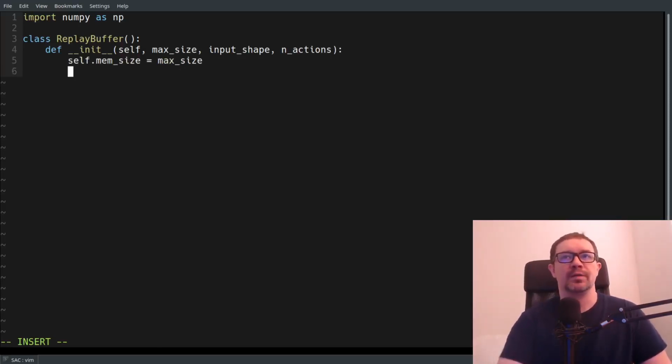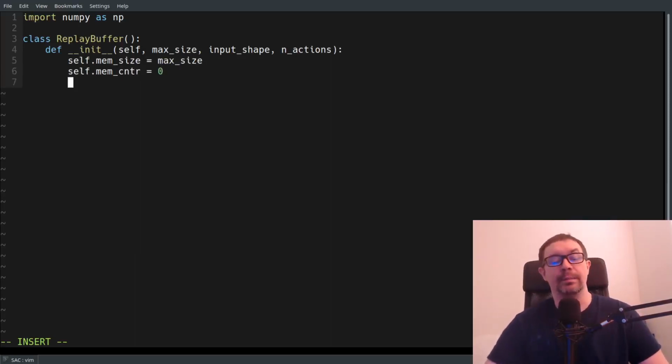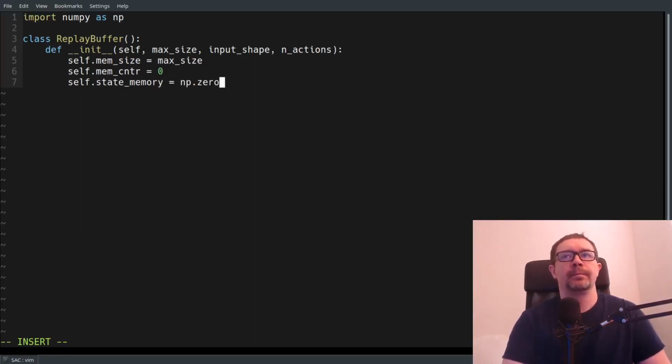So we'll go ahead and save our variables, and we need to instantiate a memory counter which keeps track of the position of the first available memory. And we're going to go ahead and start initializing our memory. So that will be shape mem size by input shape.